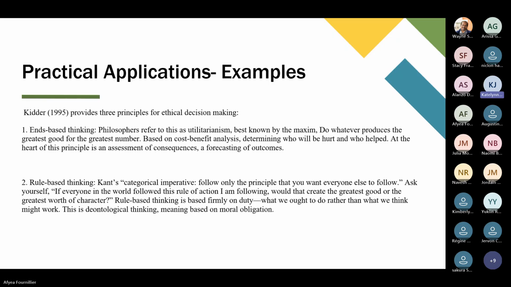Two, we have rule-based thinking. This is Kant's categorical imperative: follow only the principle that you want everyone else to follow. So ask yourself, if everyone in the world followed this rule of action I am following, would that create the greatest good or the greatest worth of character?